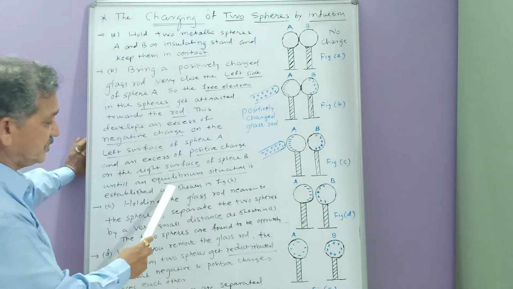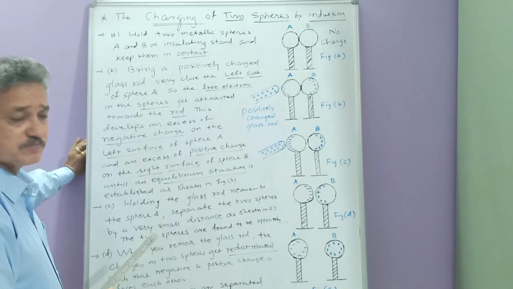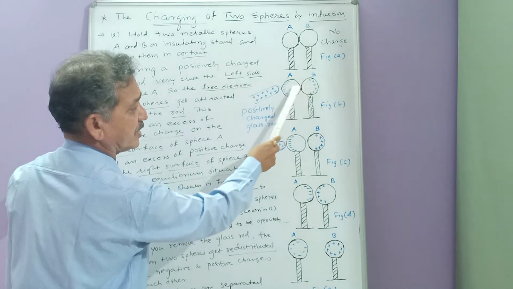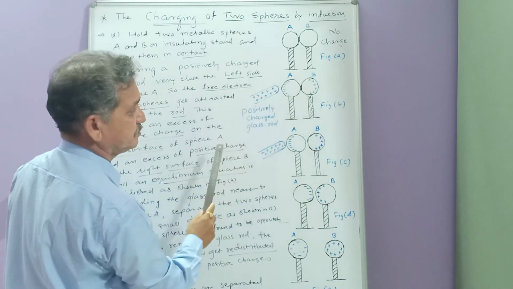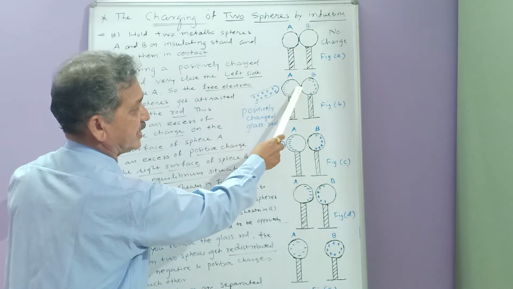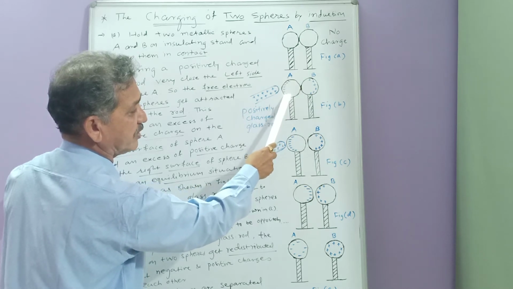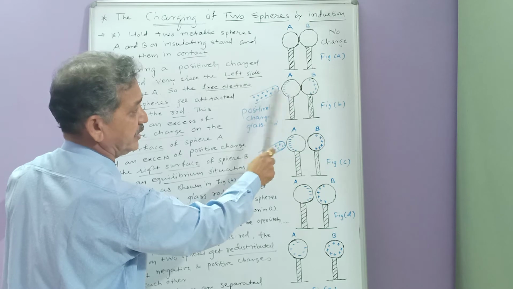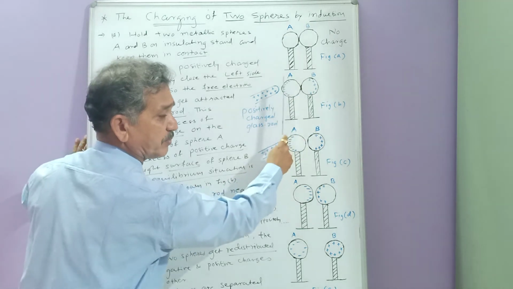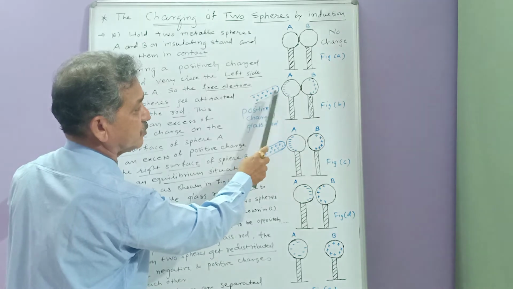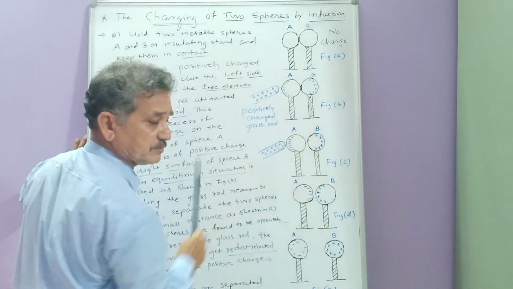So what is the meaning of this equilibrium situation? As soon as the negatively charged electrons come towards the rod, due to accumulation of negative charge on the left surface of sphere A, there will be a force of repulsion on newly coming electrons. And due to the positive charge of the rod, there will be a force of attraction.